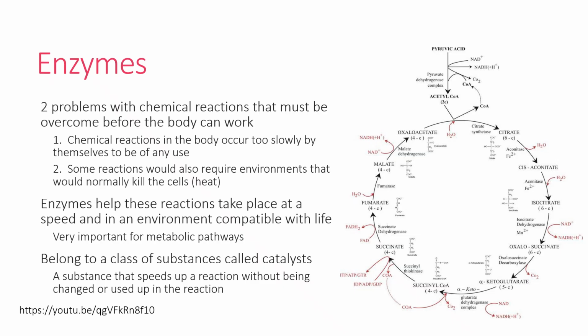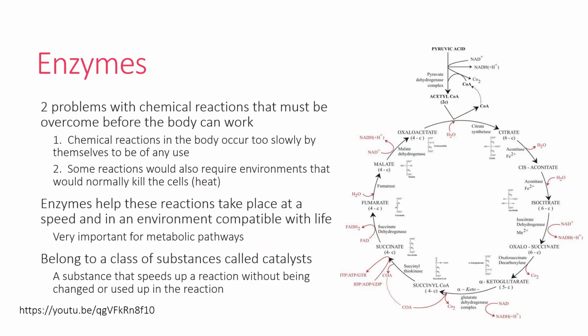So here's an enzyme, and this one happens to catalyze two reactions. But every other step along the way, look at all the different enzymes we have to use just for this one part of our metabolism. It's a relatively small part. So enzymes are all over the place and extremely important.